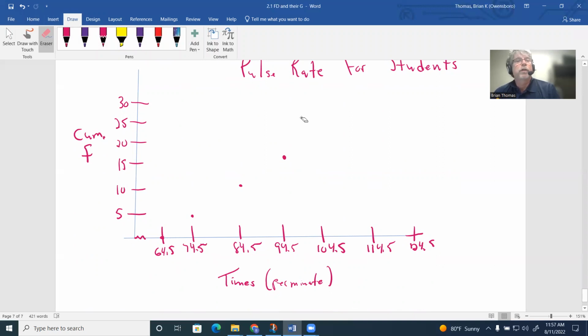So at 104.5, we should have had a 20. So that'd be here. 114.5 would be 23. So that's going to be a little bit closer to 25. And then the 124.5 was 24. So it should be even a little bit closer to 25. So it's kind of climbing like that.